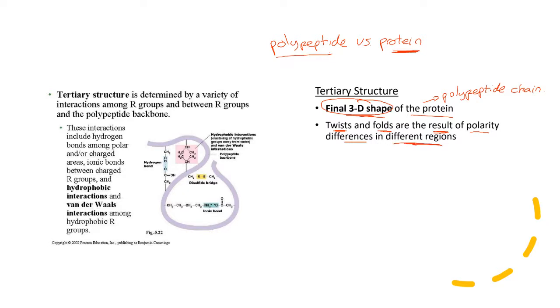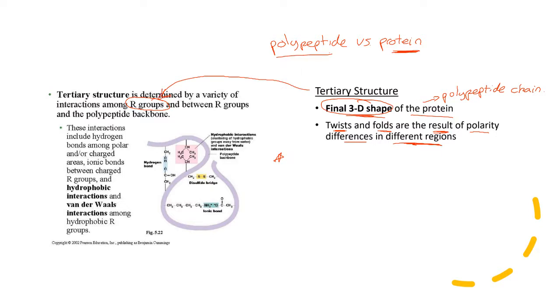If you look at this picture over here, these are the interactions that lead the polypeptide to the tertiary structure. It's really determined by the variety of interactions among the R groups. So if the secondary structure has to do with interactions between the backbone, the tertiary structure has to do with interaction of the R groups.